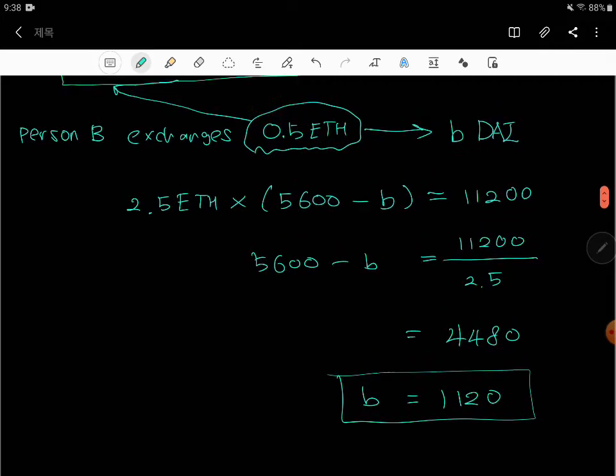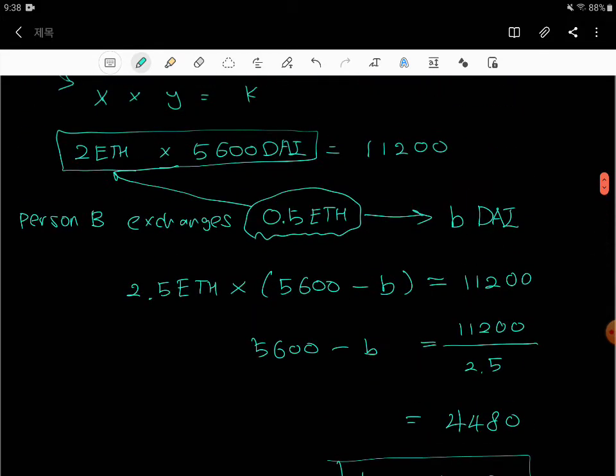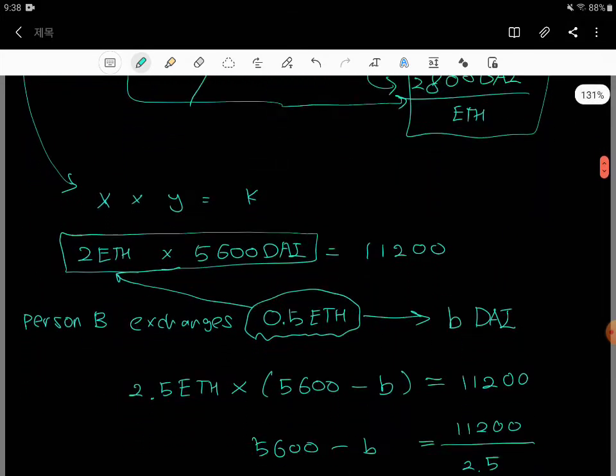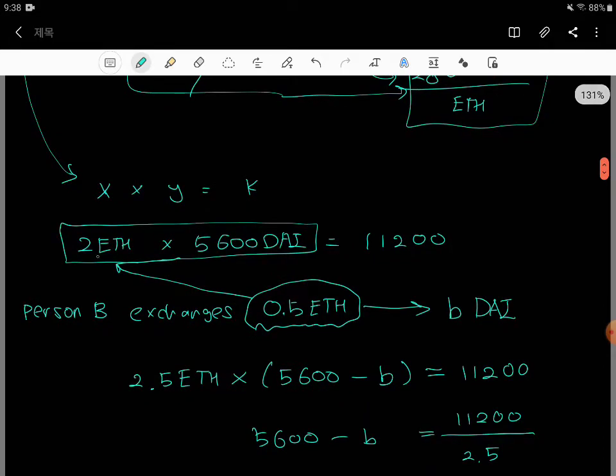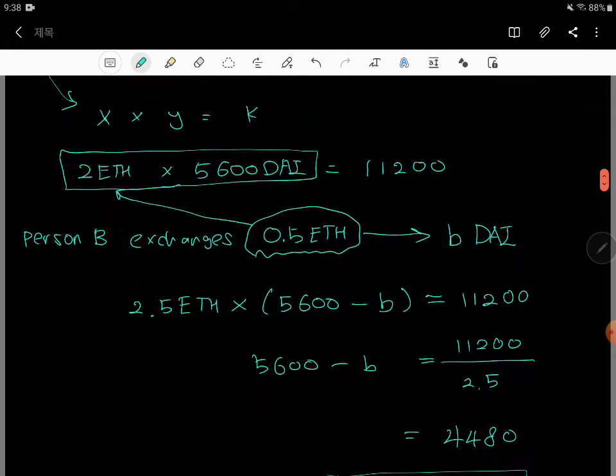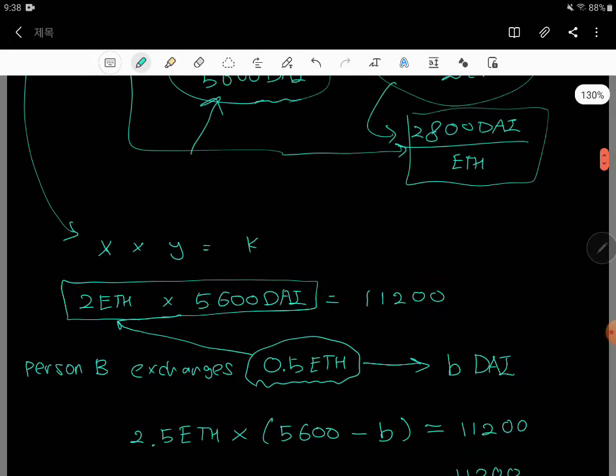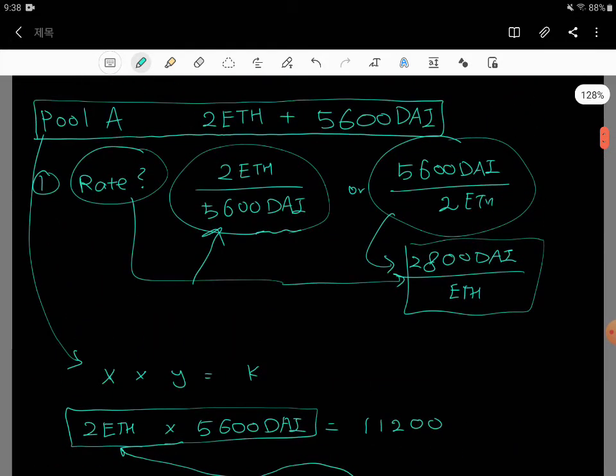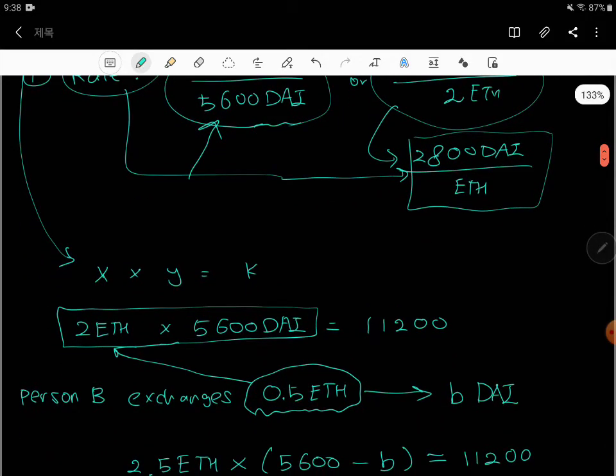And we know this is not fair because we know that in the pool we have 2 ether and 5,600 DAI, and we know the rate of ETH and DAI is 2,800 DAI per ether, right here.